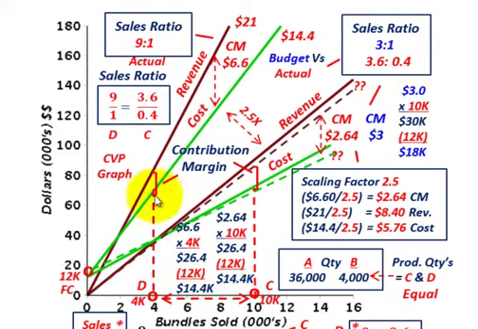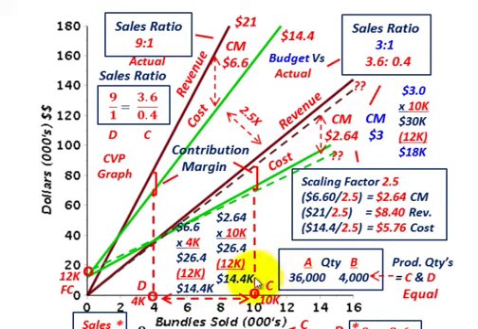It's just that using the graph is a little easier when you've made the conversion from the 9-to-1 sales ratio, looking at those revenue and costing lines. It's easier to make the comparison when you're looking at the 3-to-1 versus the 3.6 to 4.0. That's the only thing we want to understand here.